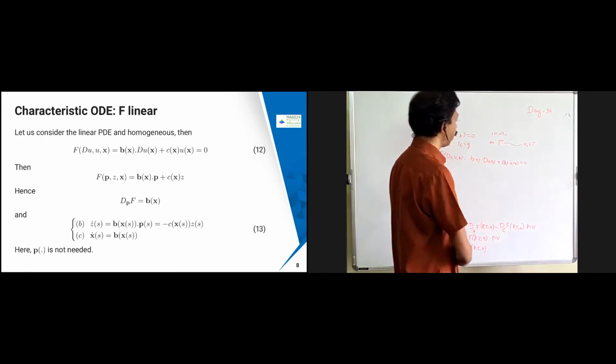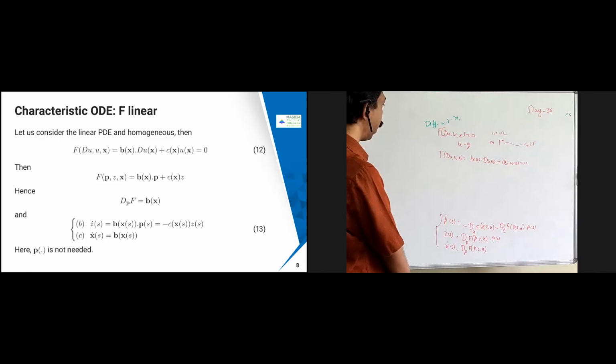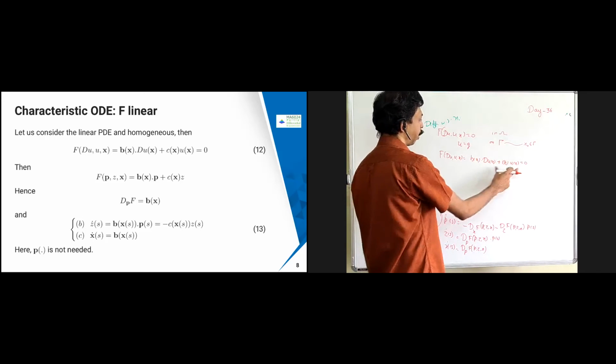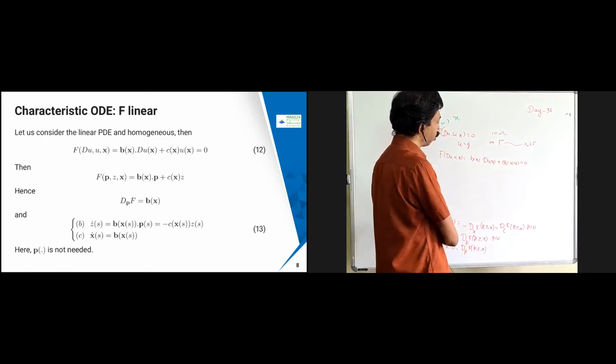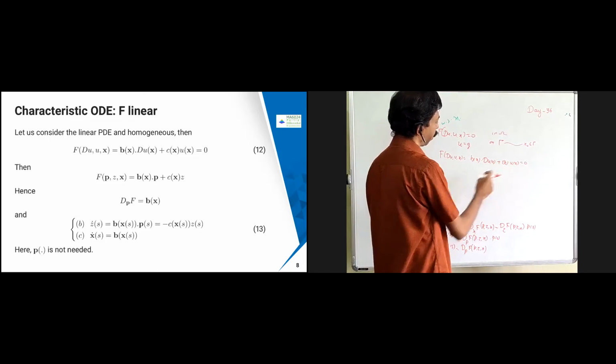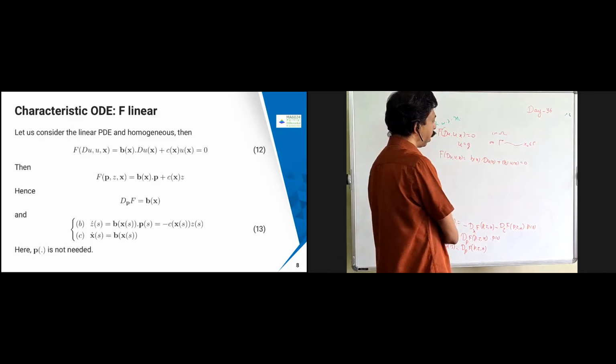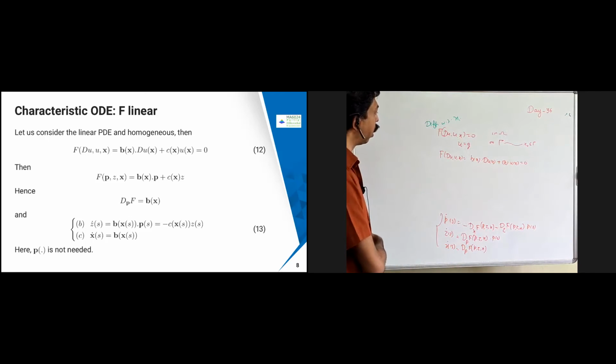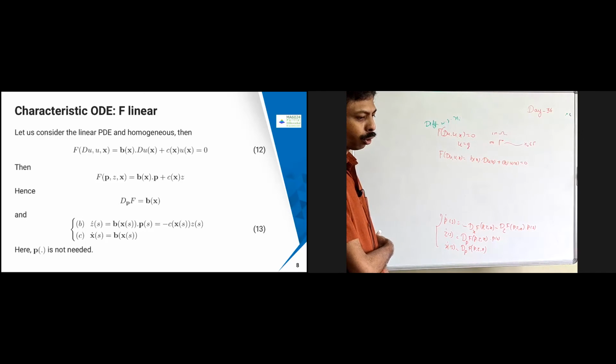You can clearly see that this is a linear PDE because there is no nonlinearity term. Du of x and u of x appear linearly, and b of x and c of x are independent of u and Du. So this is my linear homogeneous PDE.